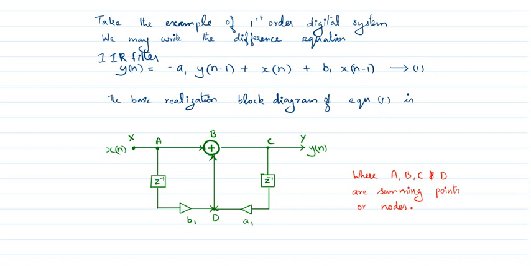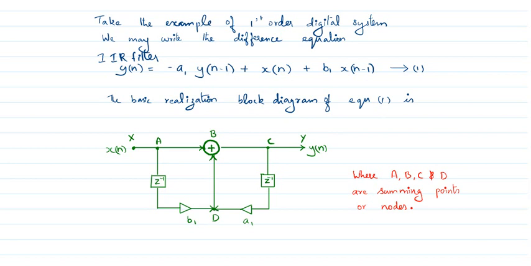Okay, then next there is y of n, that we get as the output, where I give one delay, z raised to minus 1, and it is multiplied with the constant a1. Then we add these together. So all this multiplied, all this added, and we get the output y of n. So this is the block diagram for this equation 1.